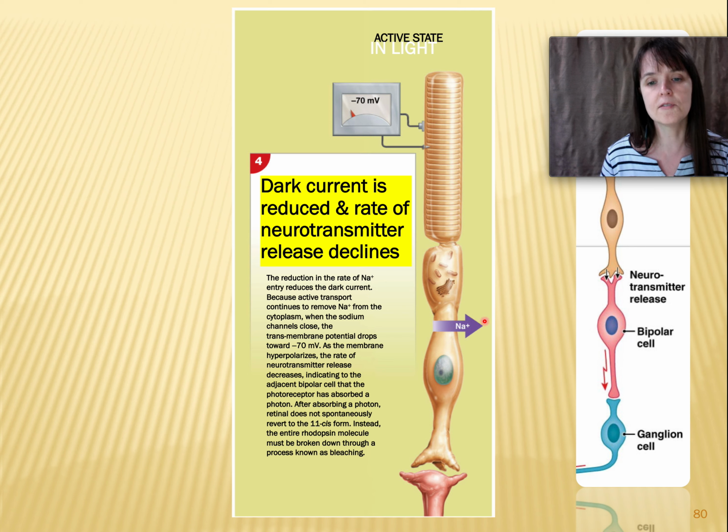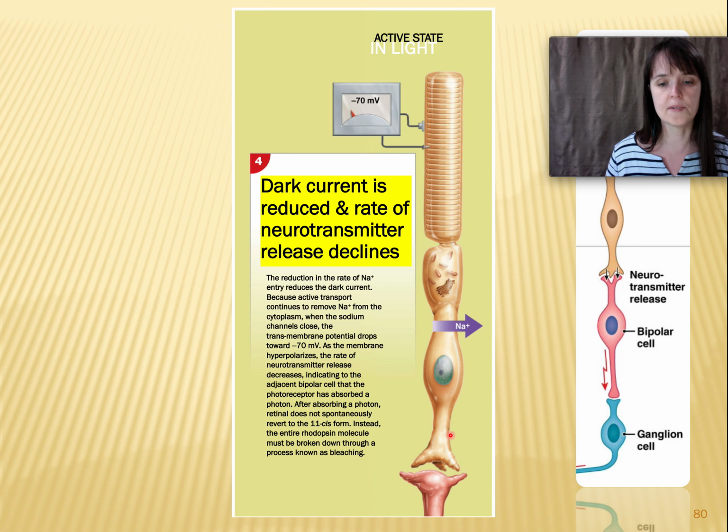Now we still have sodium ion leaving the inner segment, and this change in the transmembrane potential of the photoreceptor decreases the rate of inhibitory glutamate transmission across the synaptic cleft.